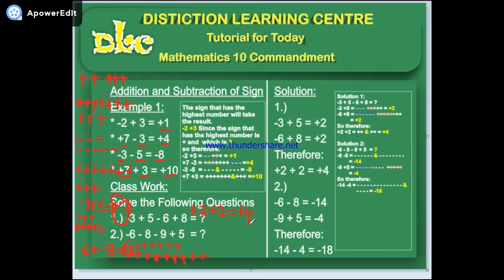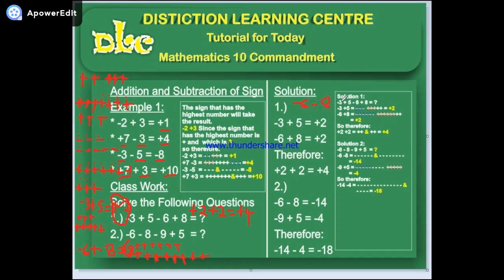Now, the next question is minus 6, minus 8, minus 9, plus 5. So we are going to do it the way we did the previous question, I mean question 1. If you want to do this, you are going to divide it into 2 sections too. The first section will be minus 6 minus 8.